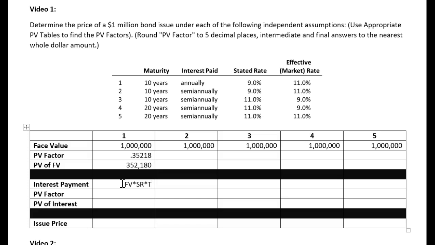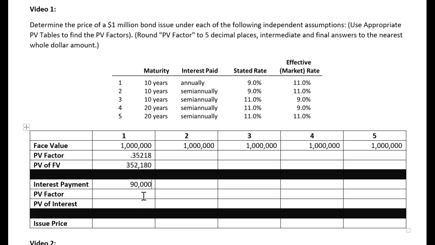This is the only time we really use the stated rate on a bond, to find the interest payment, the amount of cash it will physically pay every period, in this case every year. We don't have to worry about time in this case because it would be 12 over 12, since this is an annual interest payment. So you just multiply that 1 million by that 9%. When we do that, that gives us a payment of $90,000 per year.